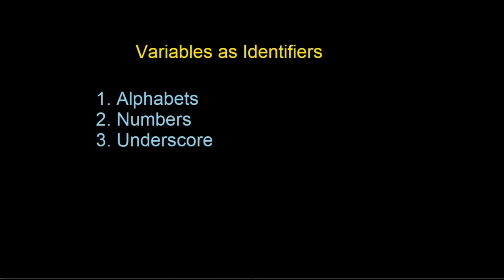I mentioned earlier that variables are identifiers. Variable names are made of a few components: alphabets, numbers, and underscore. The underscore looks like a small dash. The alphabets are lowercase a to lowercase z, and then uppercase A to uppercase Z. All the characters in between are part of variables.